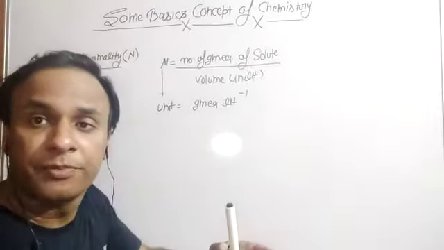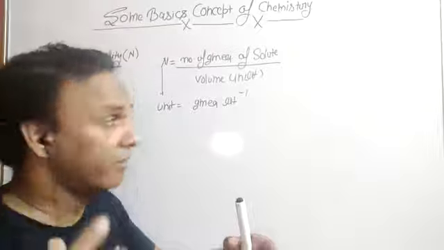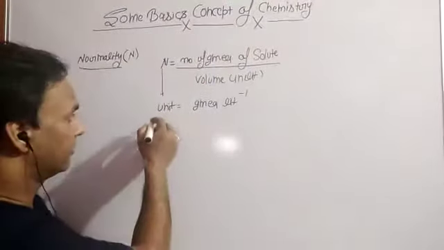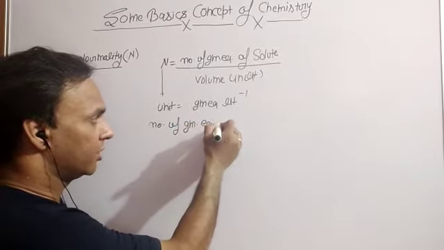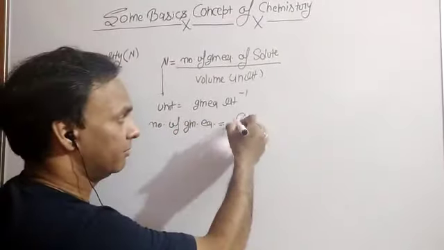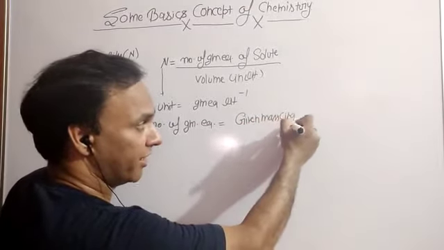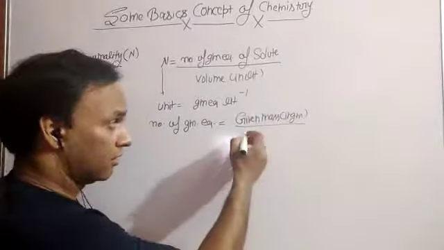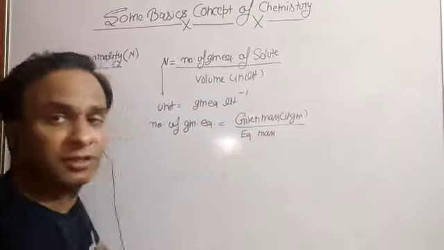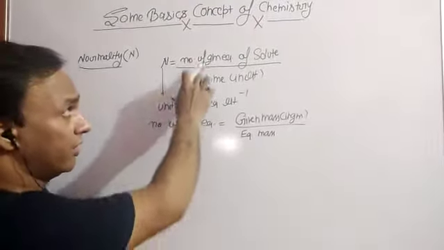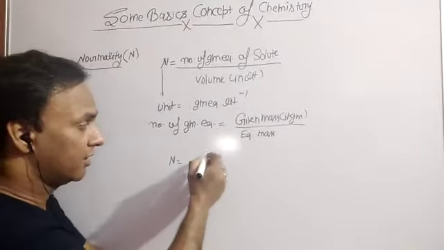In molarity, the number of moles means weight upon molecular mass. The number of gram equivalents means given mass, already expressed in gram, upon equivalent mass.